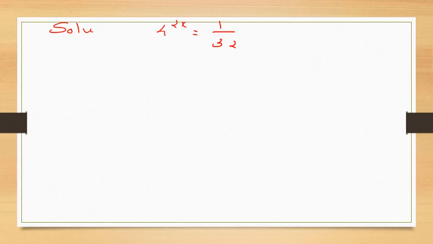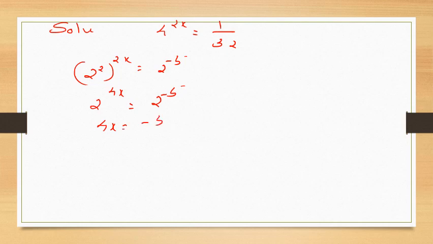So 4 raised to 2x, you can write it as what? 2 squared raised to 2x. 32, you can write it as 2 raised to minus 5. That is 2 raised to 4x is equal to 2 raised to minus 5. So 4x is equal to minus 5. X is equal to what? Minus 5 by 4. X is equal to minus 5 by 4.